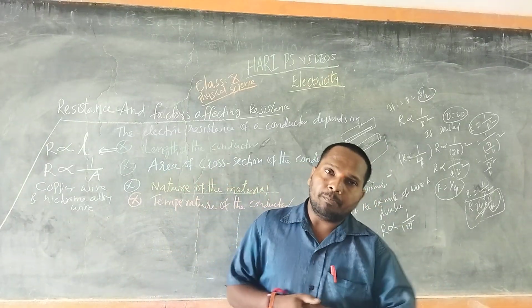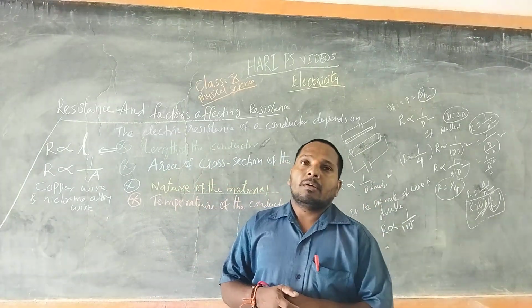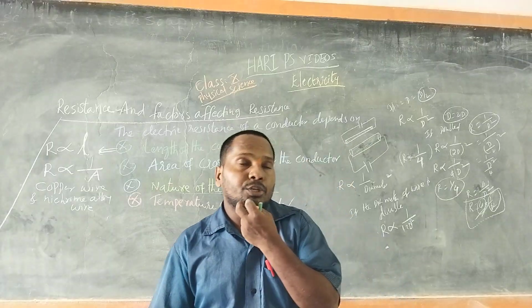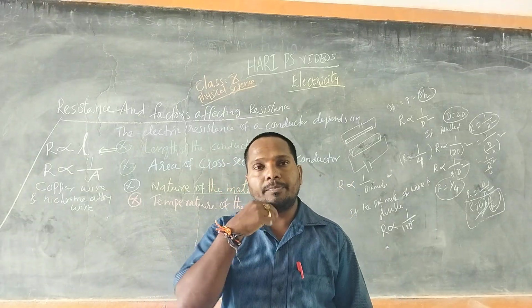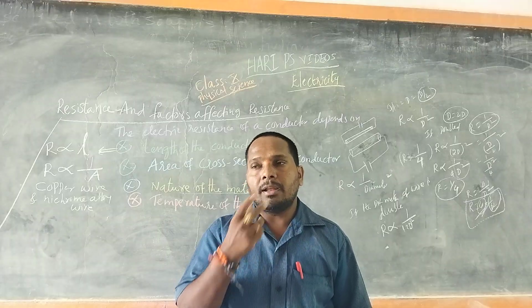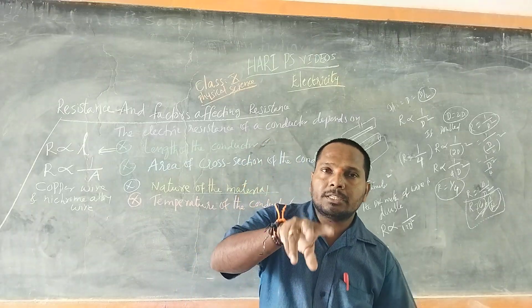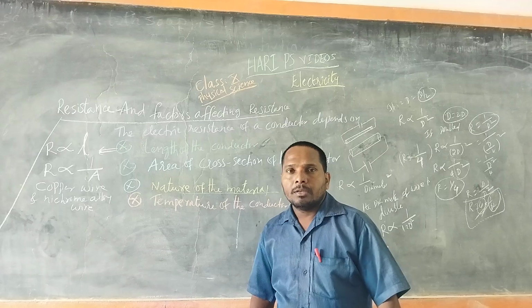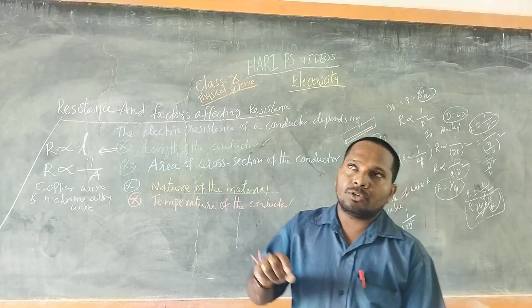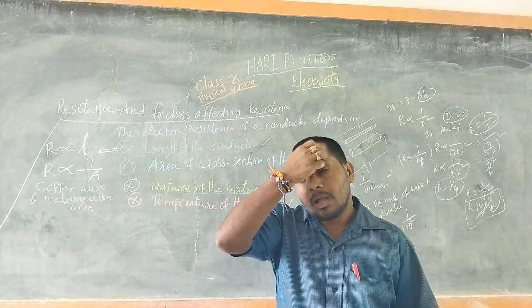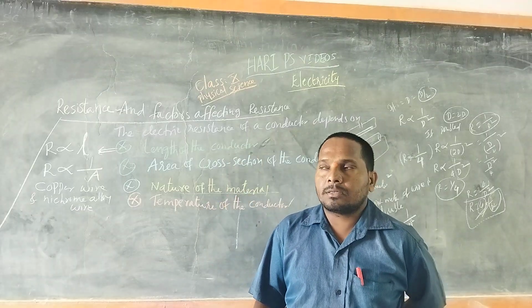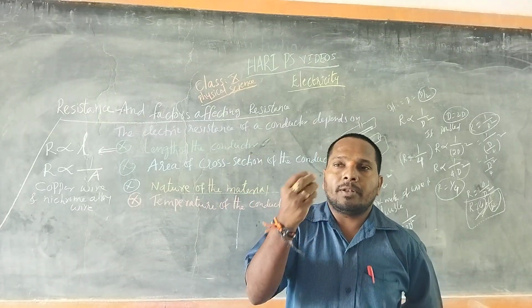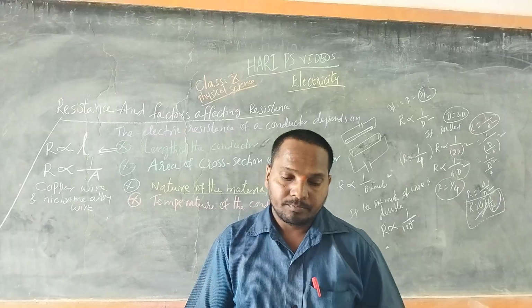The electric bulb glows when we connect it to the electric circuit because of the heating effect of electric current. When electric current is passed through a bulb, the filament gets heated to higher temperatures, and the bulb glows. To glow, the filament requires some temperature.